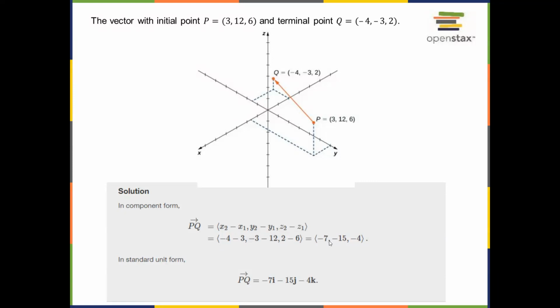I believe Achieve takes either option, and I think they tell you your answer can be in component form or in standard unit form. I'm weird. I like standard unit form. I don't know why, but obviously component form is fine too. Okay.